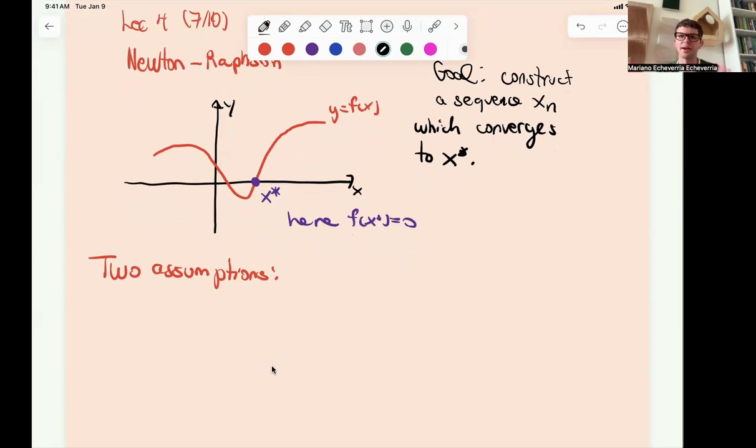So we already know that x star exists. Sometimes you can guarantee that, because sometimes the function is positive and sometimes negative, and if the function goes from positive to negative or negative to positive, it had to be zero somewhere. This method doesn't try to show that the zero must exist. It starts from the assumption that there's a zero. So we will assume that x star exists to begin with.